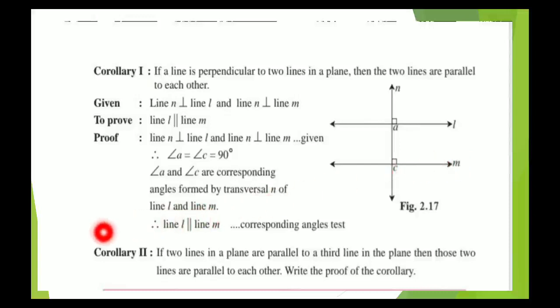Okay, another thing, second, if two lines in a plane are parallel to a third line in the plane, then those two lines are parallel to each other. Okay, now we are going to keep this in mind. Using this point only, we are going to solve practice set 2.2.